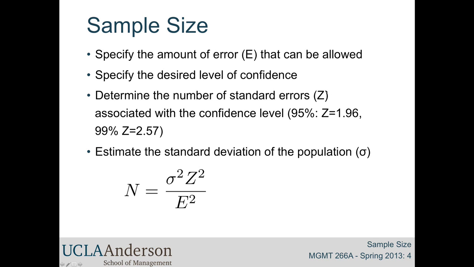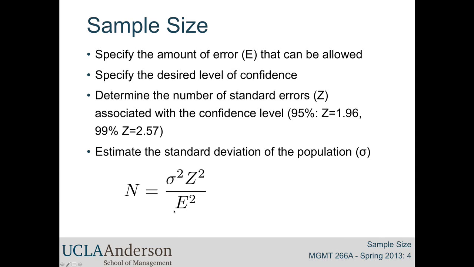So for example, z equal to 1.96 is associated with the 95% confidence interval. Z equal to 2.57 is the 99%. So you can see if I'm using 99% confidence, I'm going to have a wider interval, as you'd expect. And then solving that equation, n is equal to sigma squared z squared over E squared.